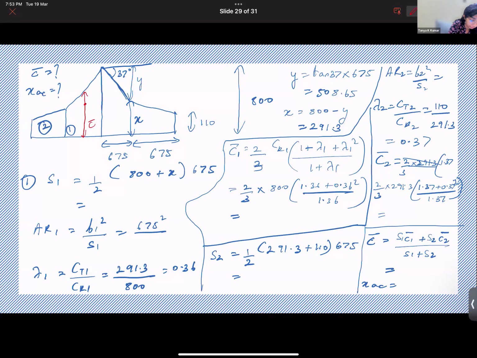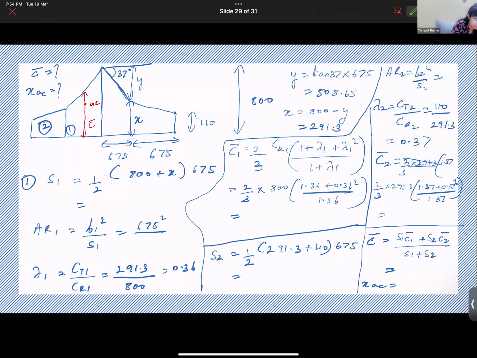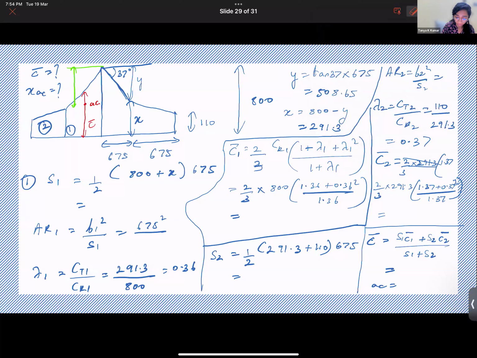And this is your aerodynamic center. And now you need the quantity from the leading edge. You need this line in green. That is your XAC. Your XAC is the line in green.